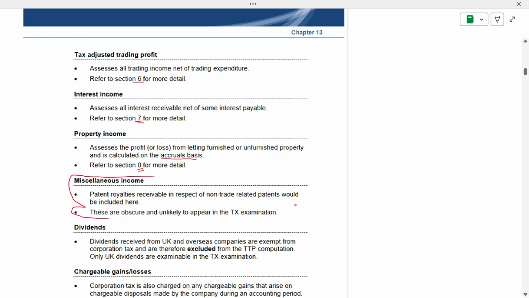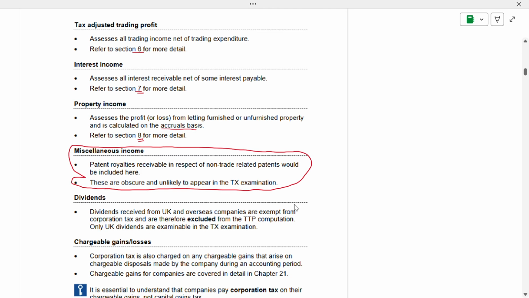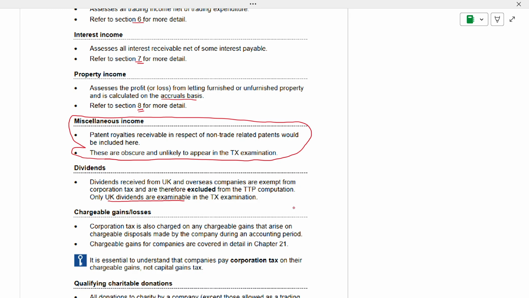Patent royalties, miscellaneous income receivable in respect of non-trade-related patents, would be included. This is obscure and unlikely to appear in the tax examination. Dividends received from UK and overseas companies are exempt from corporation tax, therefore excluded from the TTP. Only UK dividends are examinable.